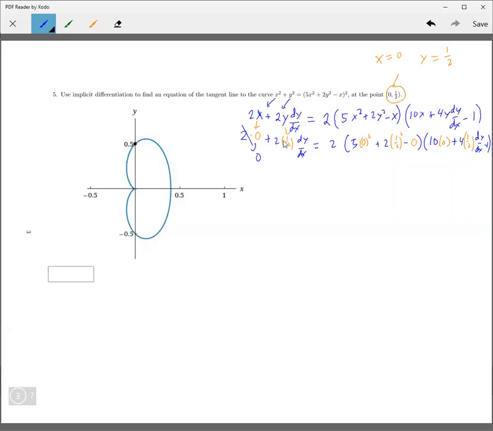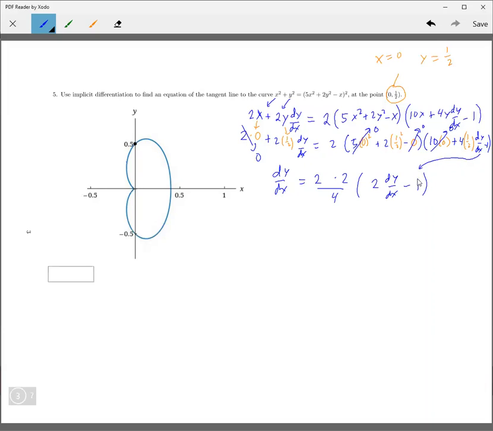This one, 2 times a half is just 1. So that's just dy/dx. That's gone. That's gone. So we have a 2, and then this is 1/4, so that's all divided by 4, and then that's gone, and then this is 2 dy/dx minus 1.